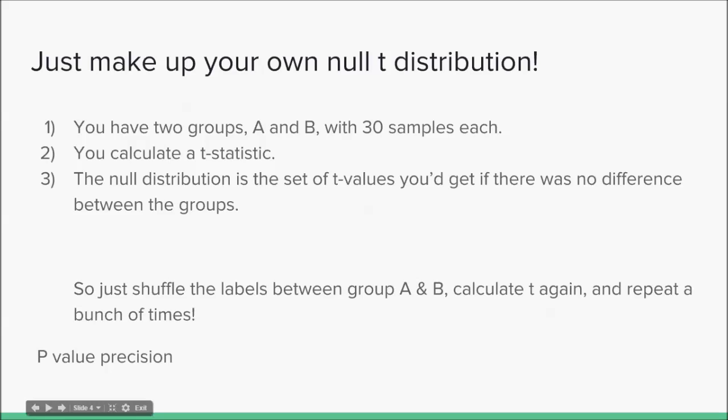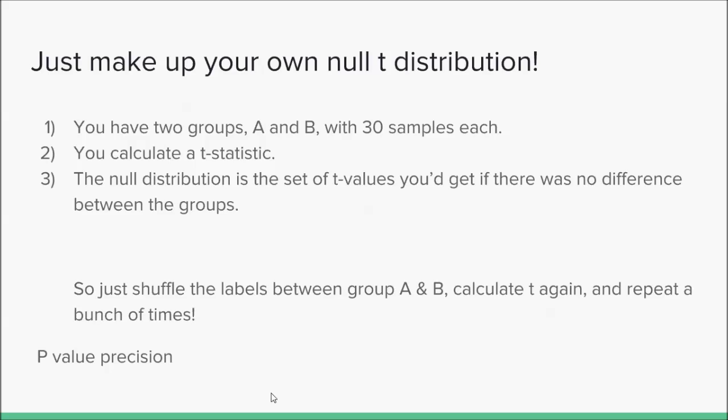And depending on the precision of the distribution that you get, you will get different precisions of p-values. So if you only had 50 iterations, for example, you couldn't actually report a p-value of 0.05 because you don't have precision out to the hundredths place. So you just want to keep that in mind when you're reporting your p-values.